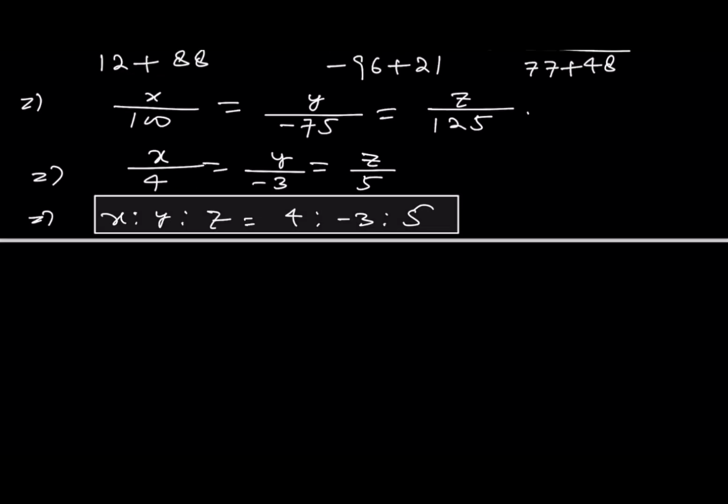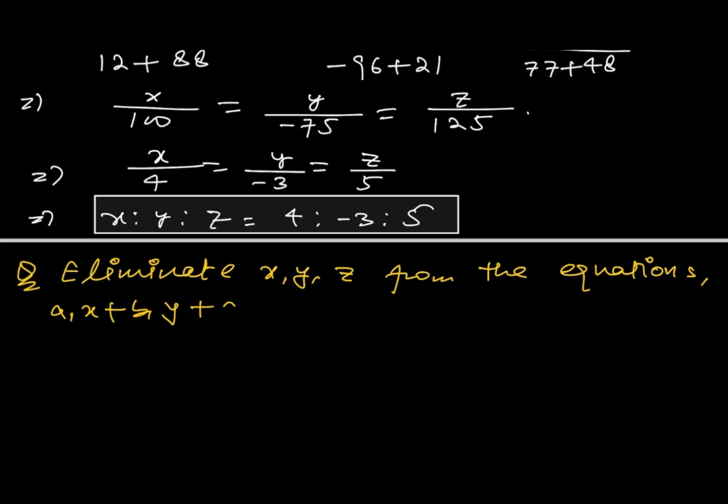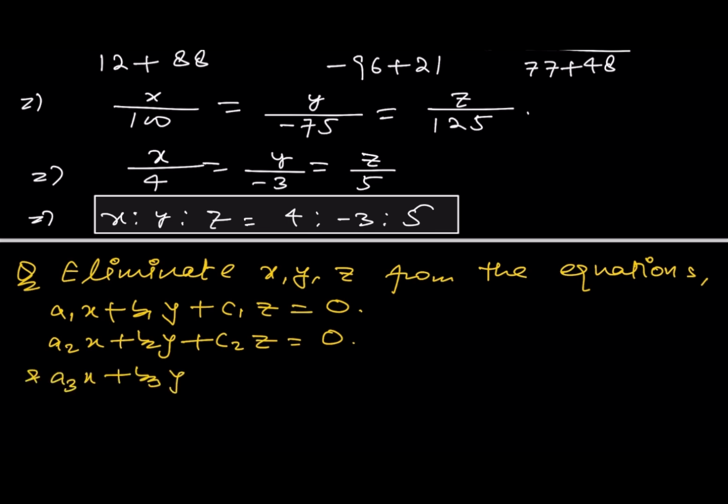Now let us take another question. Question is, eliminate x, y, z from the equations a1x plus b1y plus c1z is equal to 0, a2x plus b2y plus c2z is equal to 0 and a3x plus b3y plus c3z is equal to 0.